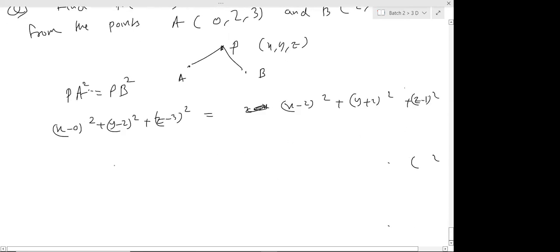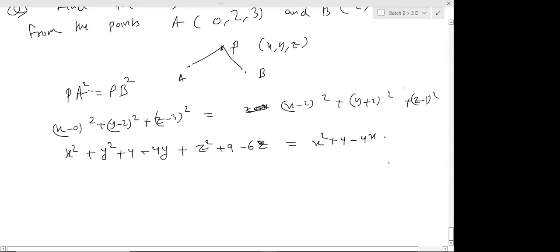Open these brackets. We have x square plus y square plus 4 minus 4y plus z square plus 9 minus 6z is equal to x square plus 4 minus 4x plus y square plus 4 plus 4y plus z square plus 1 minus 2z.